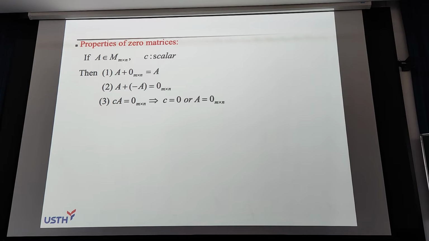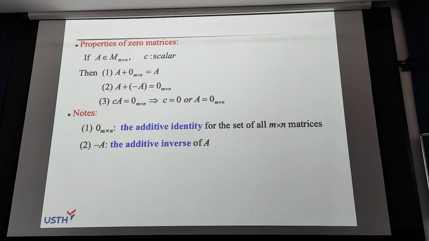So, those properties will give you some names. The first property here says that the zero matrix is the additive identity for the set of all n by n matrices. That is the identity of the addition. In Vietnamese, ma trận không là đơn vị của phép cộng.